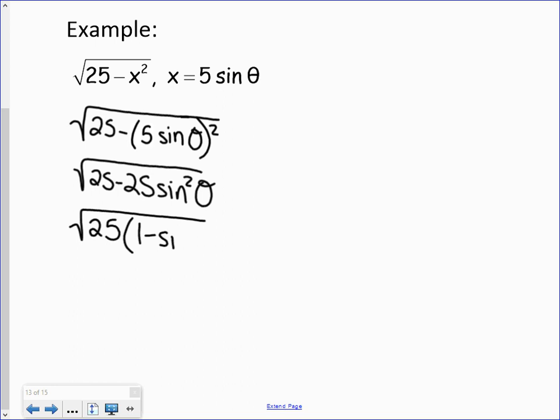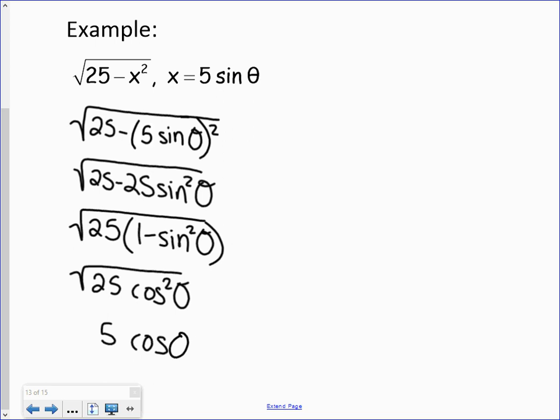So you're left with 1 minus sine squared theta, and that sounds kind of like a Pythagorean identity. 1 minus sine squared theta is equal to cosine squared theta. And now I don't have plus or minus. Can I square root both of those if they're being multiplied? Sure thing. So this is going to simplify to be 5 cosine theta.